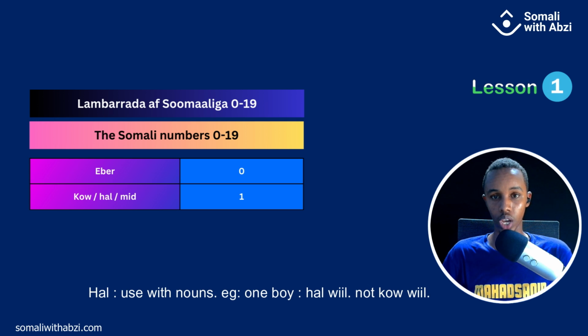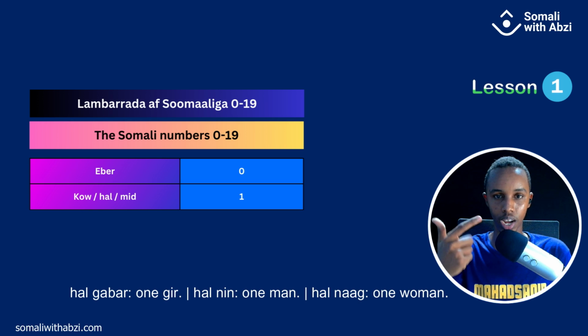So if we're going to say one boy, one girl, one cup, one laptop, one man, etc., you have to use hal, not kow. Kow is only for counting. So you're going to say hal wiil, hal gabar, hal nin, hal naag, hal laptop, and so on.